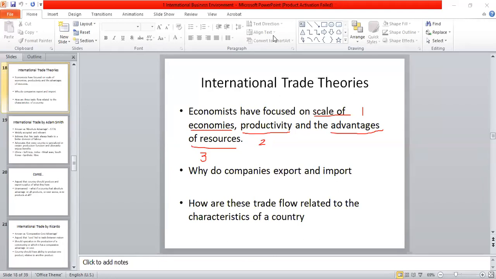Sometimes import is not just material. Let me tell you, import can be technology also. Every time, not only material but technology can be imported.